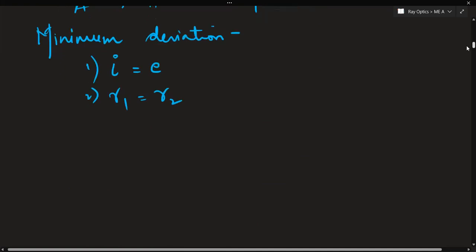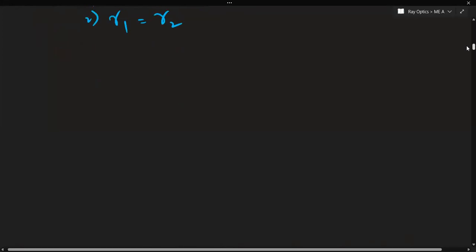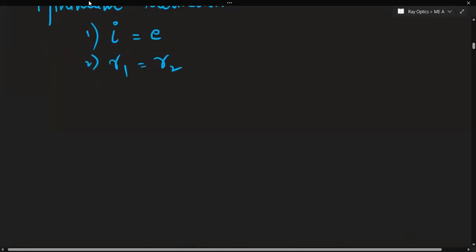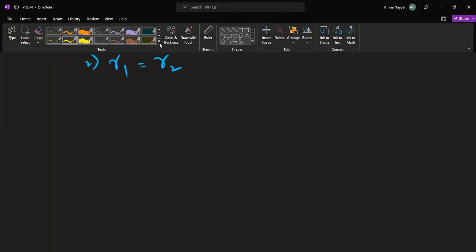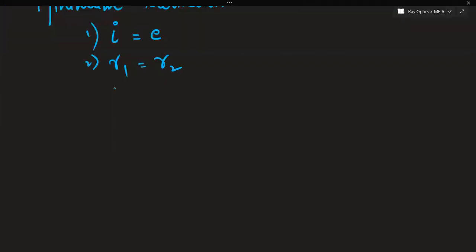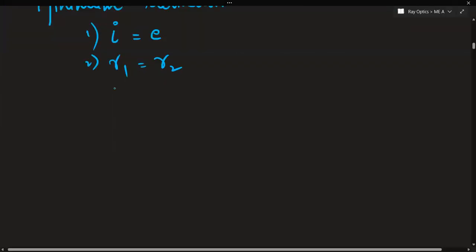For a minimum angle of deviation, the angle of incidence I becomes equal to the angle of emergence E, and R1 becomes equal to R2. So now, if I equals E and R1 equals R2, R1 plus R2 was equal to A. So both are the same.